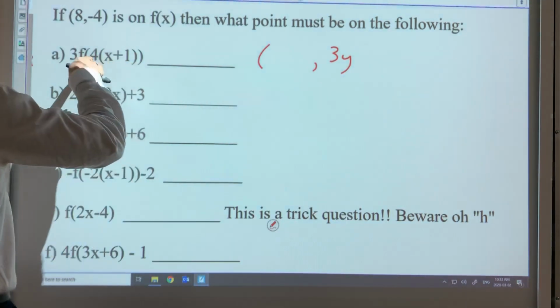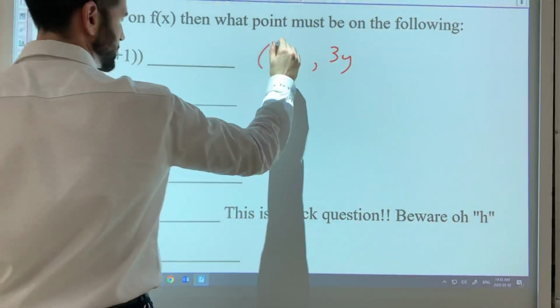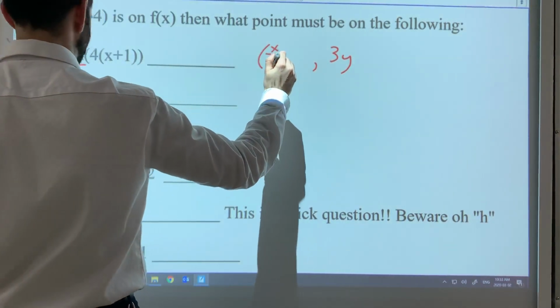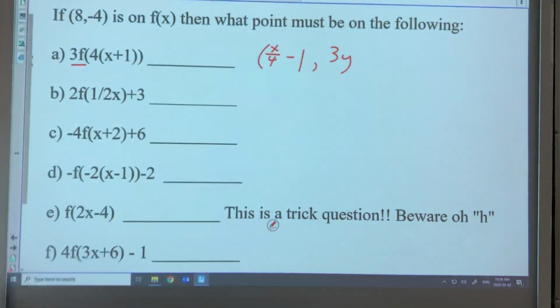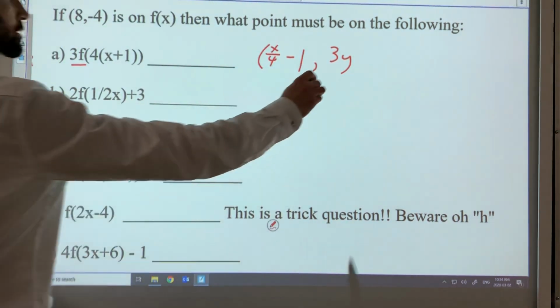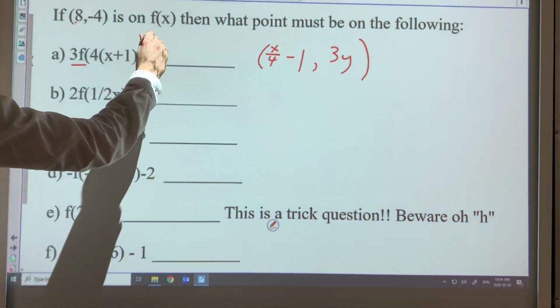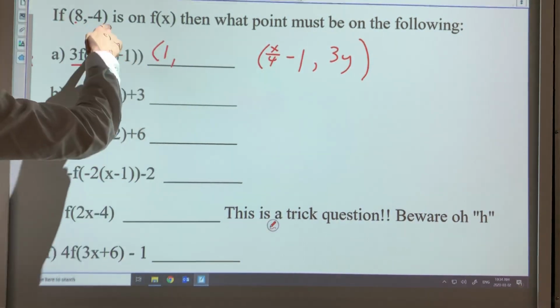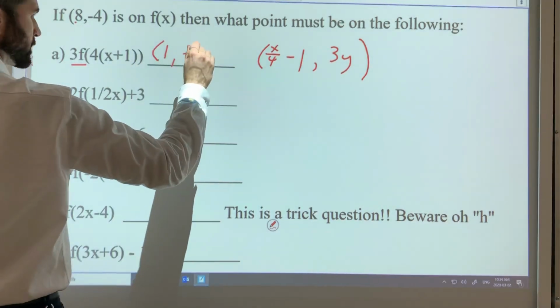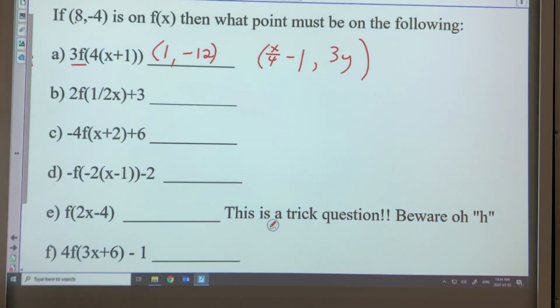And then the x variable, there's a 4, so that means x divided by 4, and then plus 1, so subtract 1, always the opposite. So that's my transformation. Now 8 divided by 4 is 2, subtract 1 is 1, and then -4 times 3 is -12. So there's that first point.